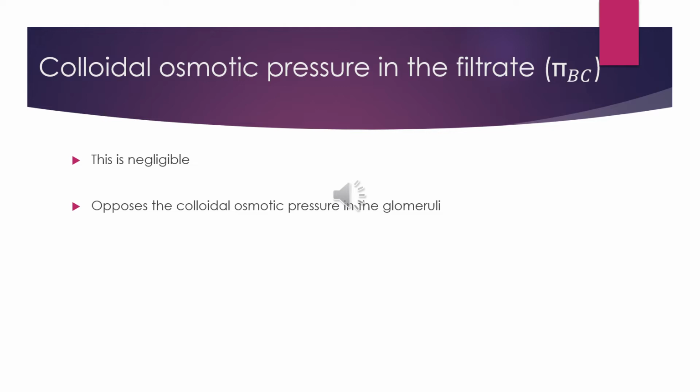That is, the colloidal osmotic pressure in the glomerular capillaries will be acting inwards the capillaries, whereas colloidal osmotic pressure in the Bowman's capsule should be acting inwards the capsule. That is, in a direction opposite their respective hydrostatic pressure. Okay.